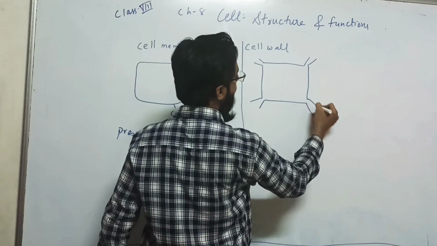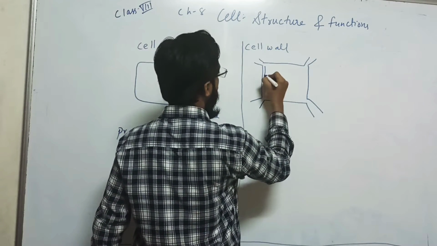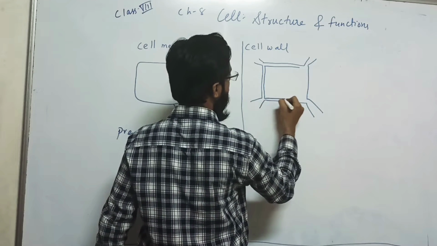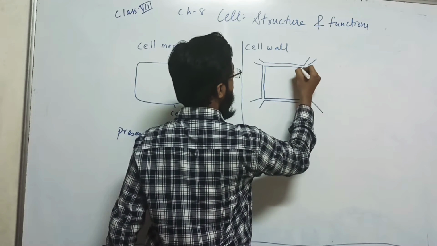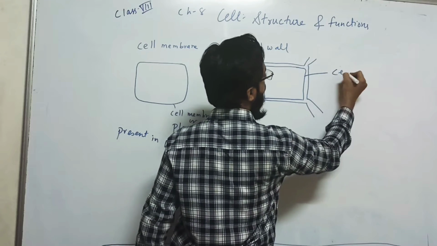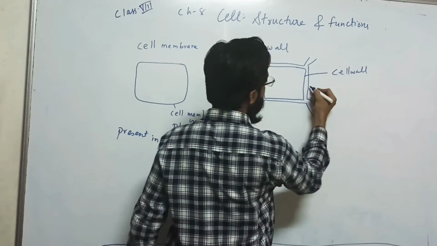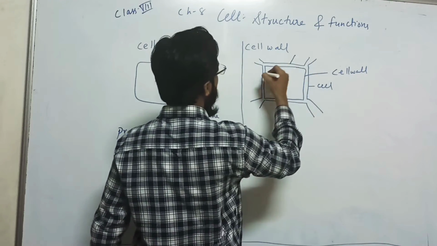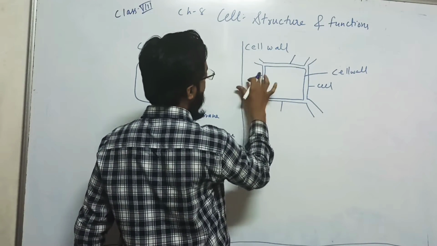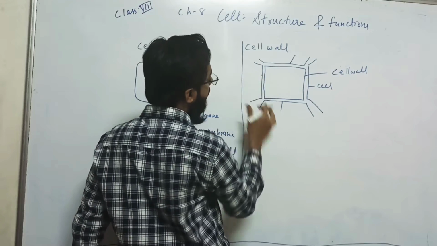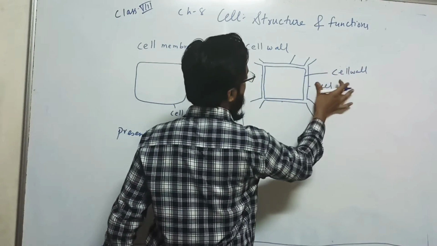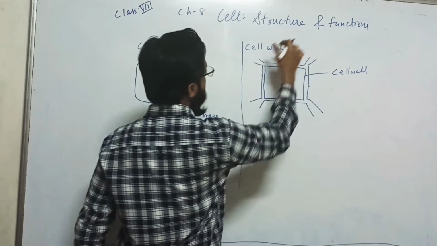in the plant cell. So I will draw first cell wall. So this is the cell wall. This is another cell wall of another cell. This is also cell wall. Here we have another cell.